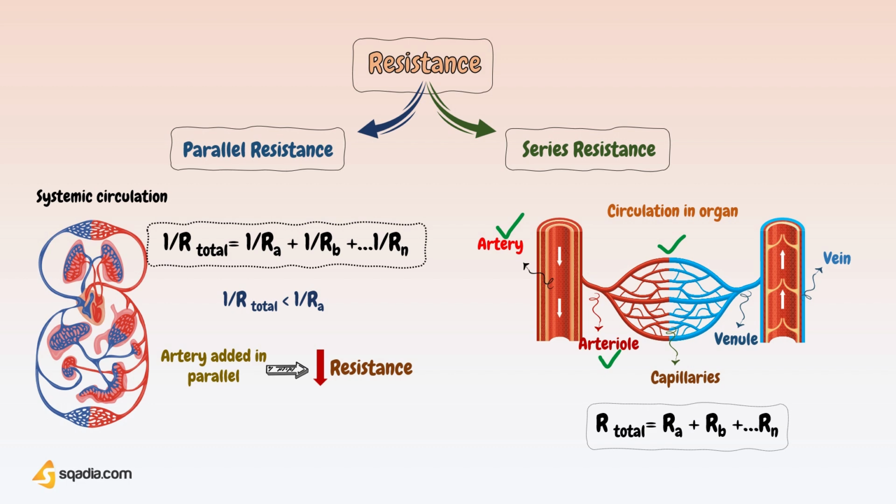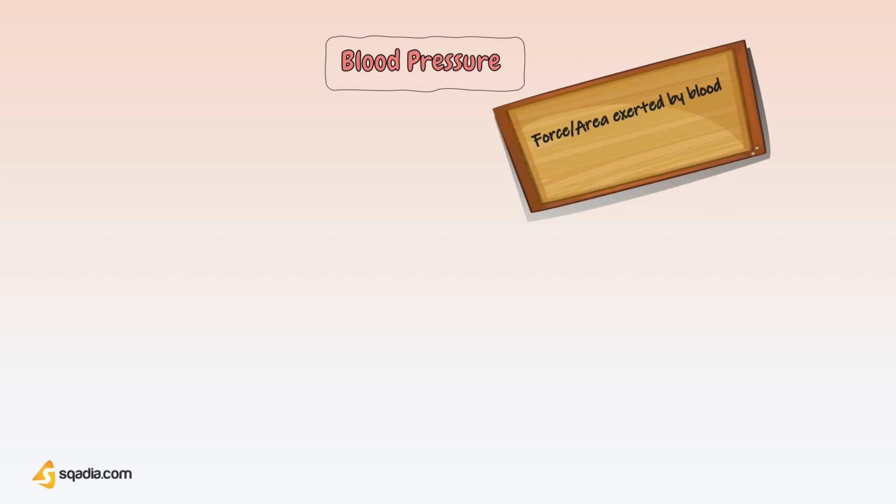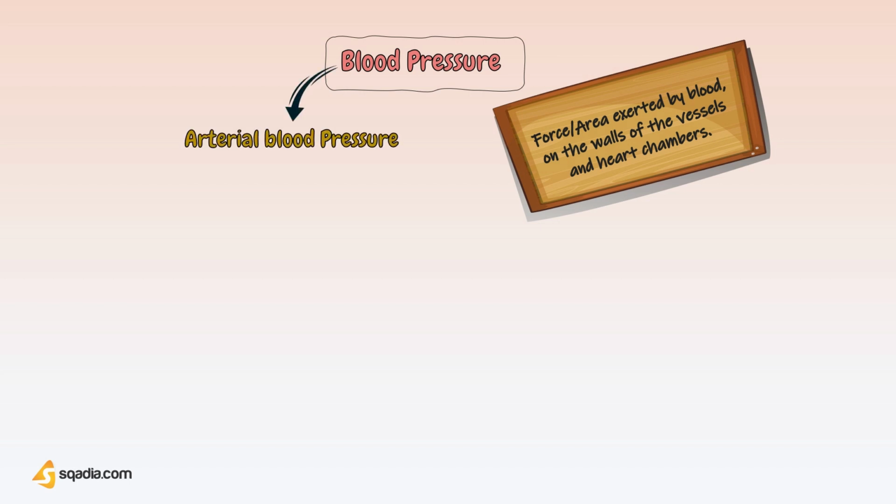Now, other than resistance, another factor that has a great impact on blood flow is blood pressure. We know that blood pressure is the pressure or force per unit area applied by the blood to the wall of the vessels and heart chambers. Mainly when we say blood pressure, we are talking about arterial blood pressure.